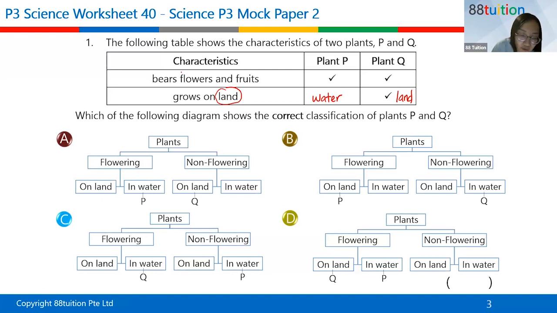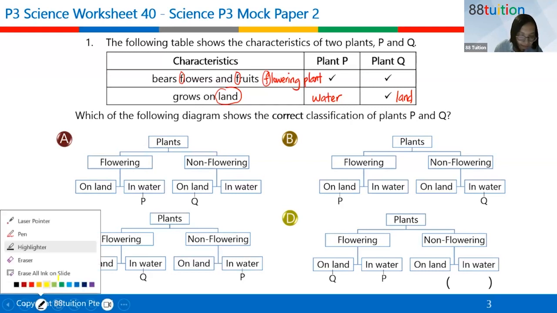Now, once you see the F word, it can be flower, it can be fruits. That means it is a flowering plant. So P and Q both are flowering plants. Because they have a tick here, let me highlight this.